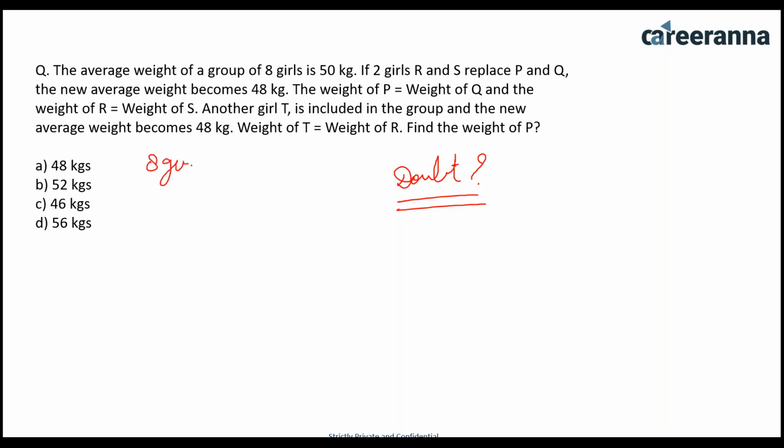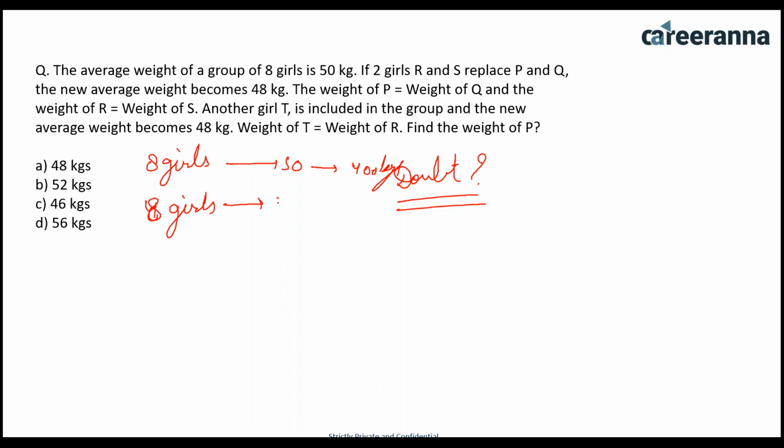8 girls, average is 50, total will be 400 kgs. Okay, now 2 new girls are there, R and S, 48. So 8 girls now again, because 2 girls gone, 2 girls came.